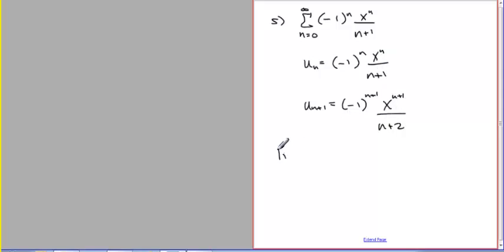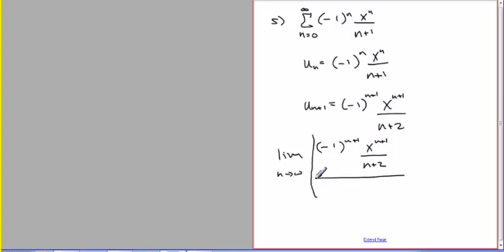So what we do is we look at the limit. Actually, do we look at the limit, or do we just? Yes, we do. Okay, so you take the limit as n goes to infinity of the ratio of U sub n plus 1 divided by U sub n.